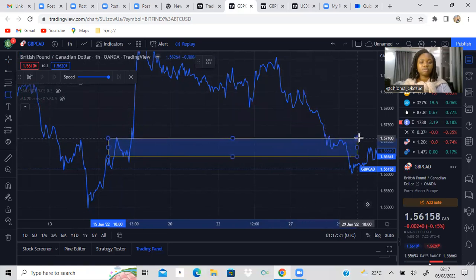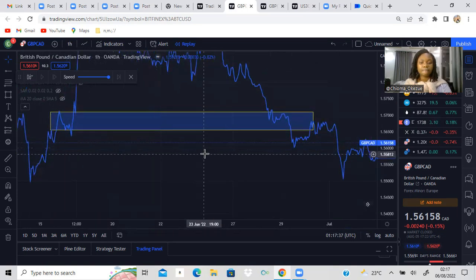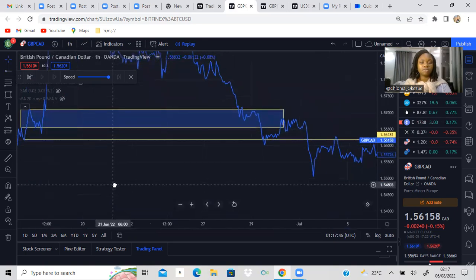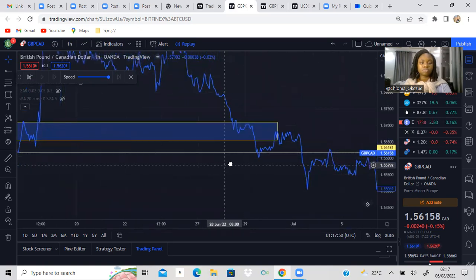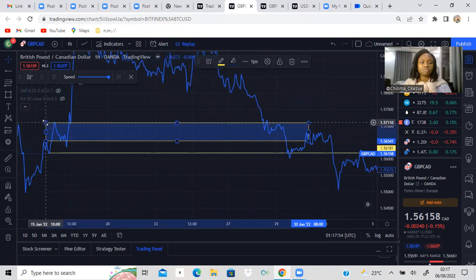So what are we waiting for? A break of structure, because it goes like this. So this is the break of structure we're looking for right here. Right? Beautiful. So lower high, higher high. Draw our rectangle to touch them.